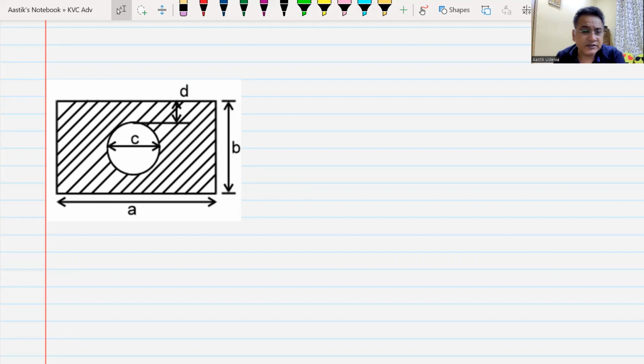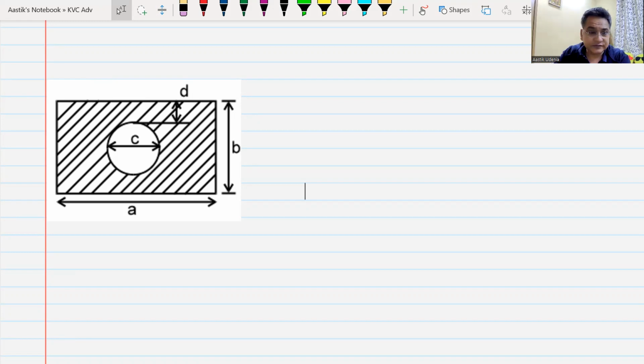Which dimension of the body increases? A is the length of this body, B is the breadth of the body. There is a hole in this body. C is the diameter of the hole of the body, and D is the distance between that hole and the upper edge or the lower edge. Which dimension of the body increases, which decreases, which will remain the same?